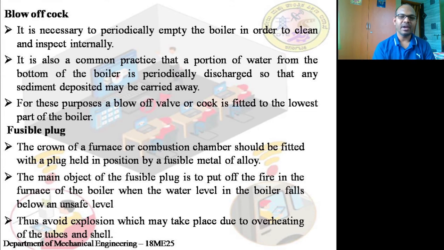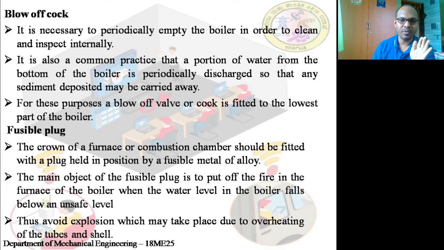Whenever it identifies that the water level in the drum has fallen below the unsafe level, is it clear? If you keep heating it, it may lead to blasting or bursting of the boiler tubes or overheating of the superheater or anything.